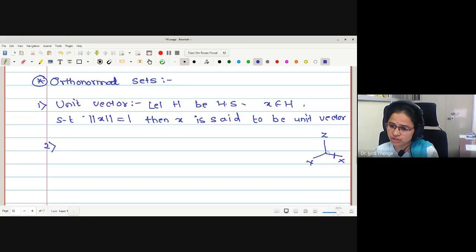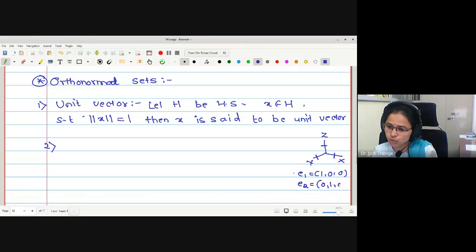Therefore, if we consider the unit vectors on every axis, what will happen? Those three will become mutually orthogonal unit vectors. On X, it will be 1, 0, 0. Let me denote it by E1.